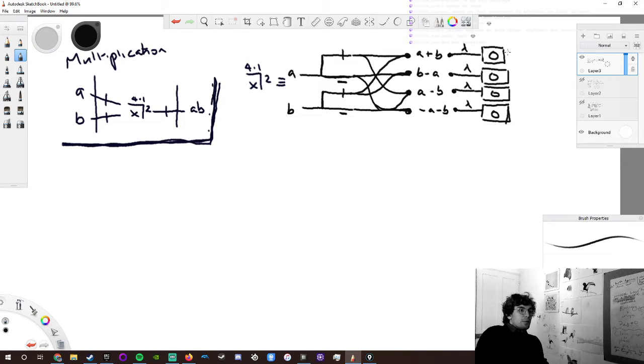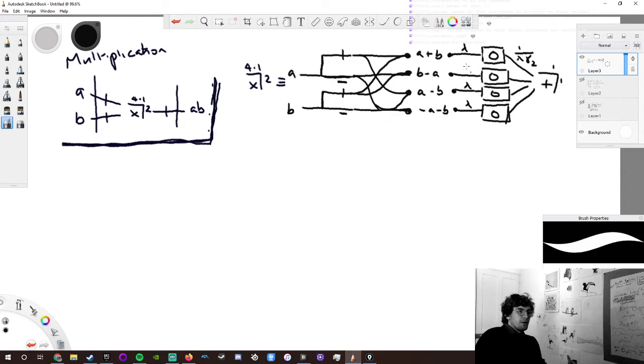I'm not going to even draw the outputs of this because for one thing I don't have that much space, and send these all into one addition operator. And before I do that, I'm going to have to divide by this, and we'll divide this factor later, but this applies to all of them. So actually when it applies to all of them, let's just write it at the top.